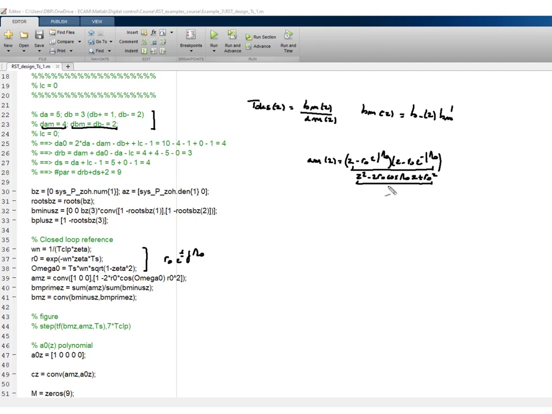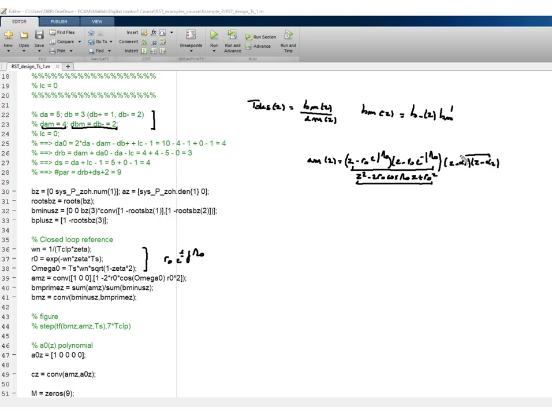This is second order. We need a fourth order. So we have to multiply here by something with fast poles, (z - α1)(z - α2). And typically to have fast poles, we'll set simply α1 = α2 = 0.